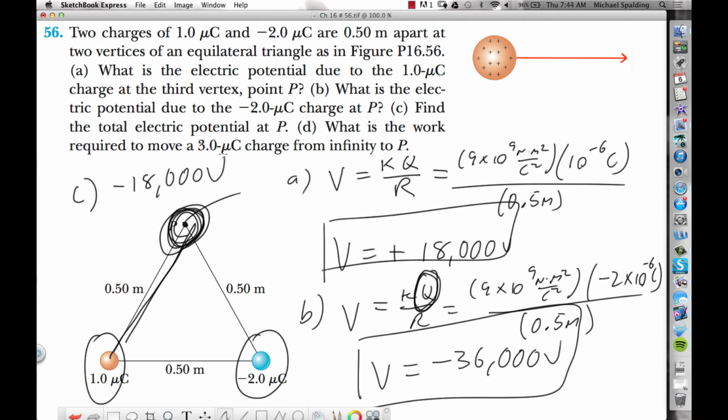The reason I don't like this problem, just to get it out in the open, is it sounds like some outside force is doing the work. In reality, in this problem, what moves this 3 microcoulomb charge? The electric field itself.